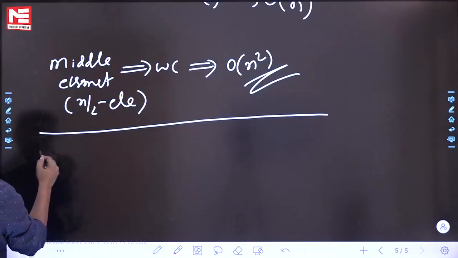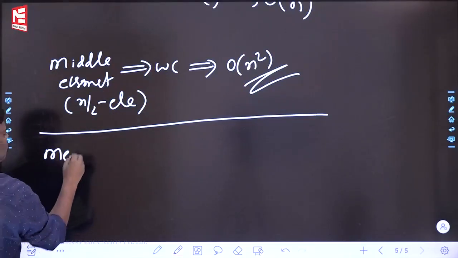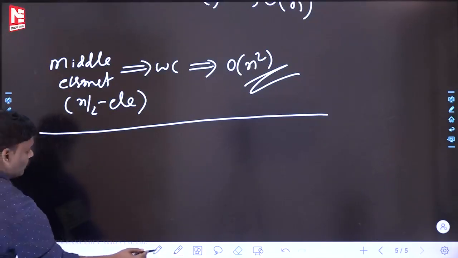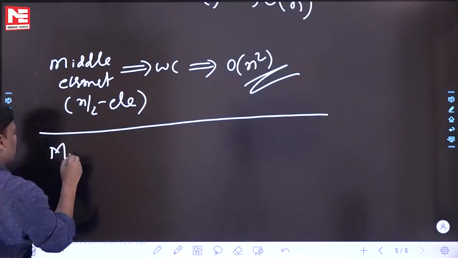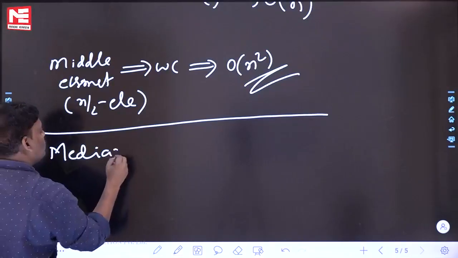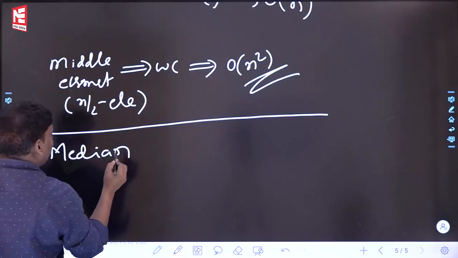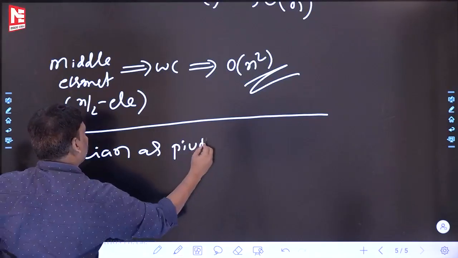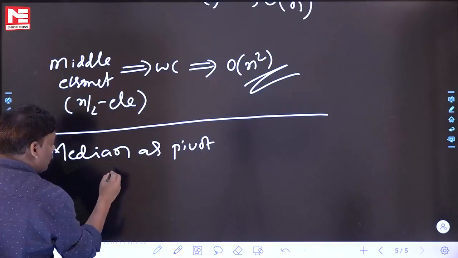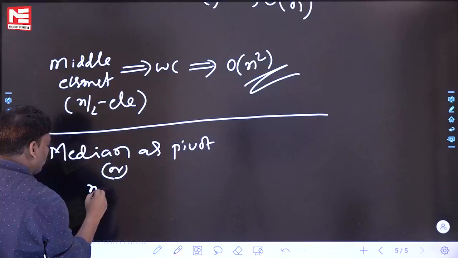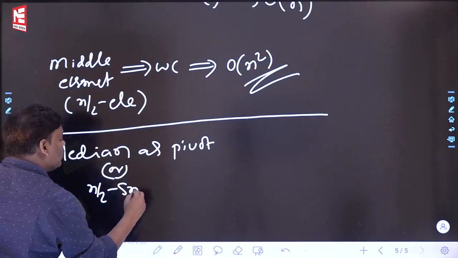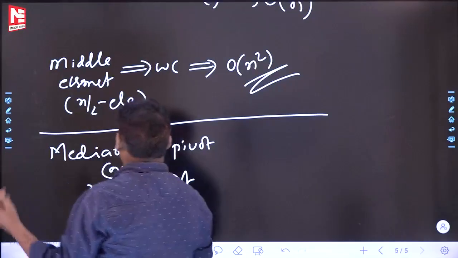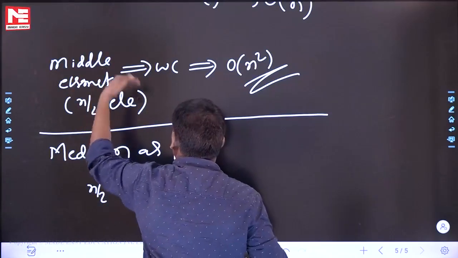Now see one more interesting answer. What is the time complexity of the quicksort algorithm if you take the median as pivot? Median means, try to remember, the n by 2 smallest element. Middle element means n by 2 element.